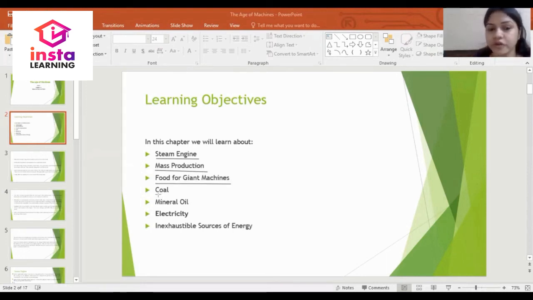Fourth, coal. The next learning objectives are mineral oil, electricity, and inexhaustible source of energy. Dear student, these are the learning objectives of the chapter. So, let's begin the chapter.